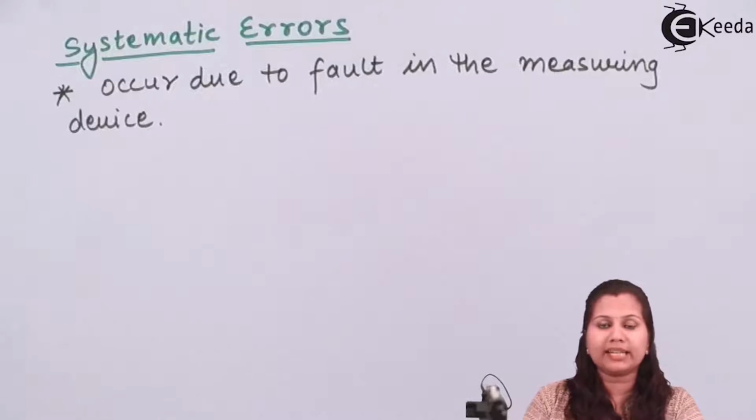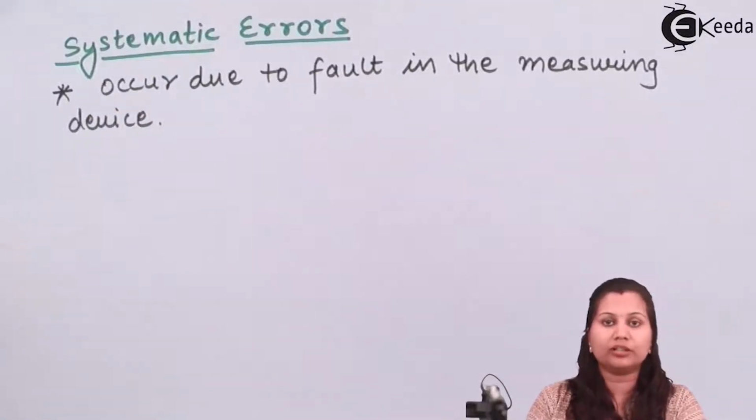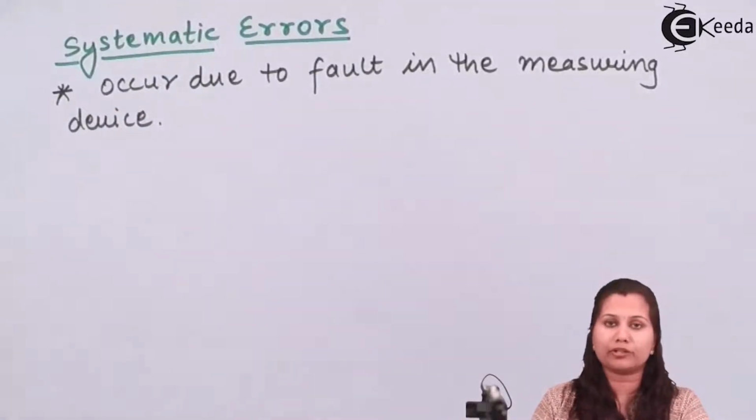Now, if there is any mistake in that measuring instrument, the reading will be wrong, and due to the wrong reading, there will be an error. So, systematic errors are those errors which occur due to the fault in the measuring instrument. Suppose if the measuring instrument is not calibrated, or if the pointer of the measuring instrument is not accurate, then error can occur.